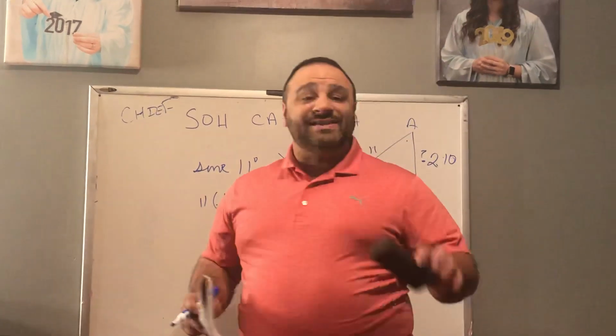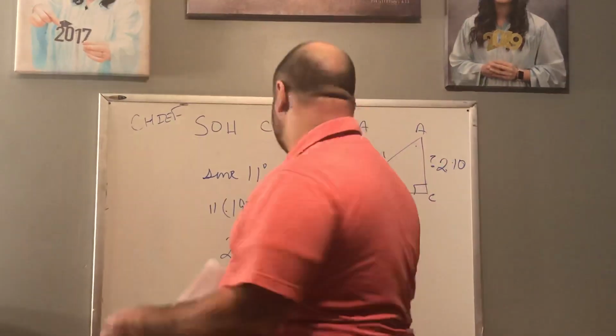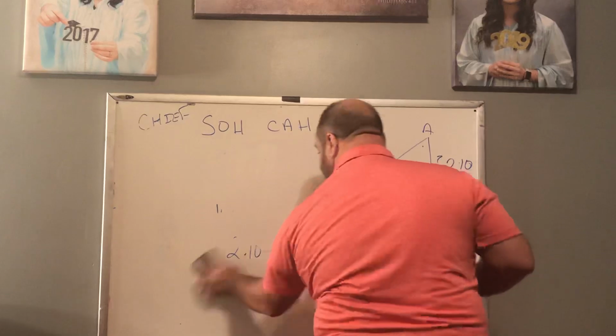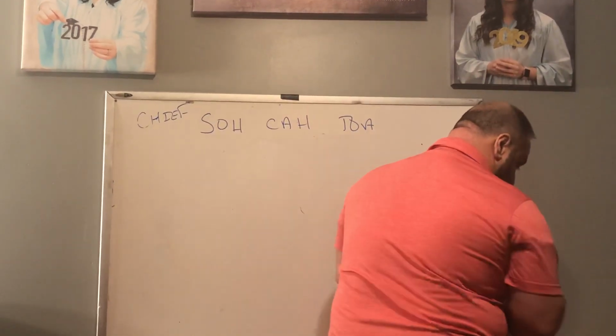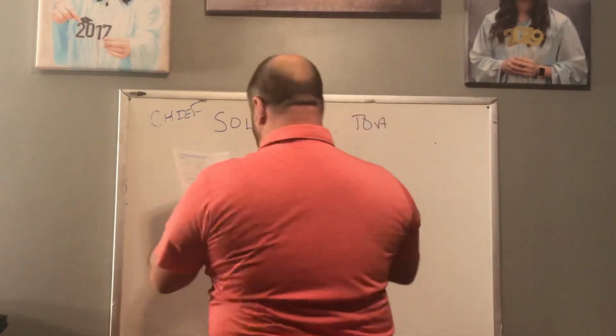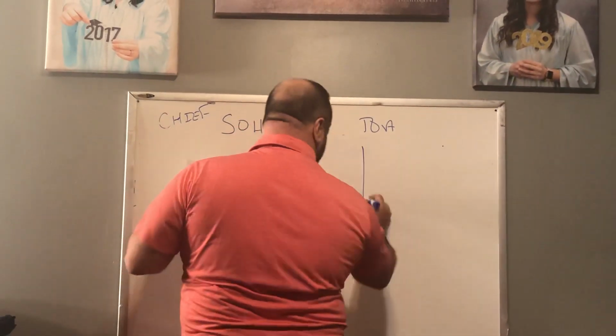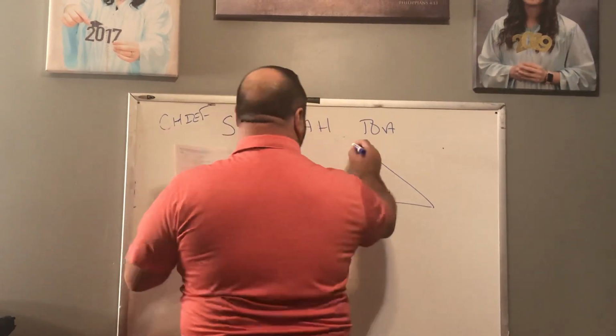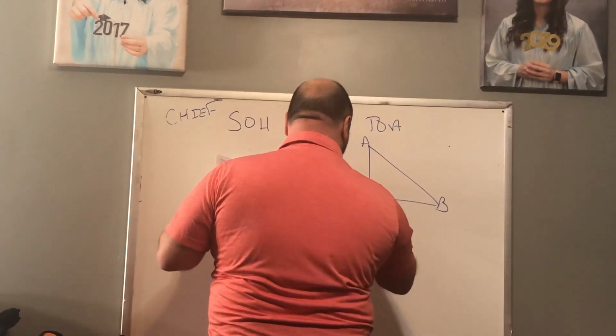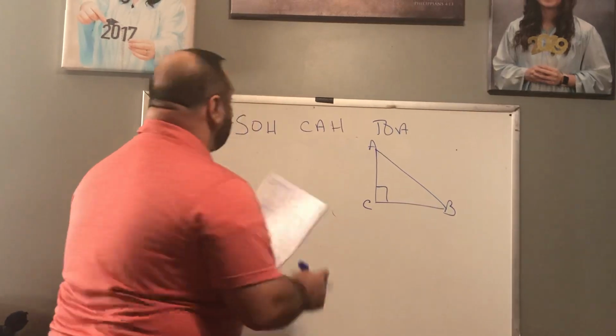We'll do 9 and 11. This is the cosine ratio. Let's erase this. Here's our right triangle, triangle A, B, C. Now we're finding the cosine.